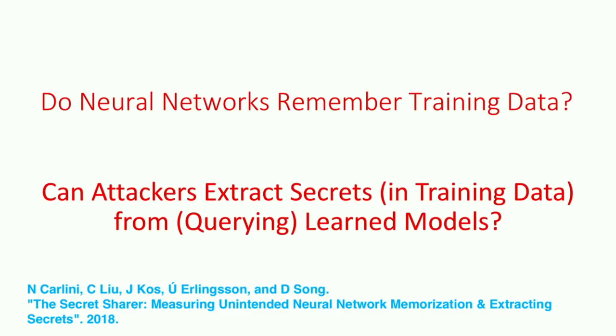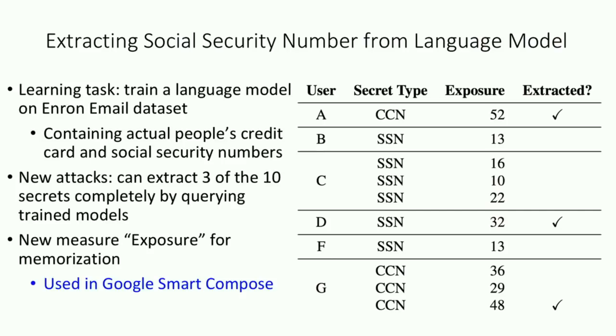In collaboration with researchers from Google, in our recent paper, here is an example of one of the case studies. We show that when we train a language model on an email data set, in this case the public Enron email data set, which naturally contains credit card numbers and social security numbers of actual users, attackers can craft attacks to extract the credit card numbers and social security numbers from the original training data set, by just querying the language model.